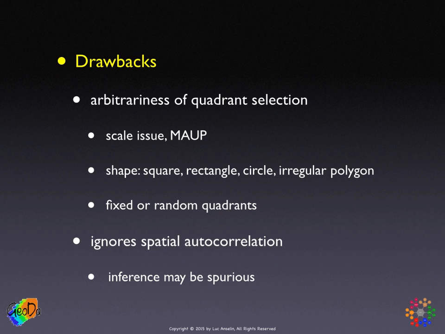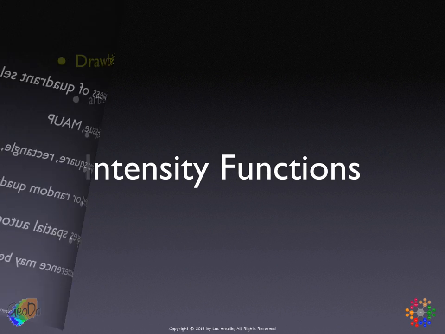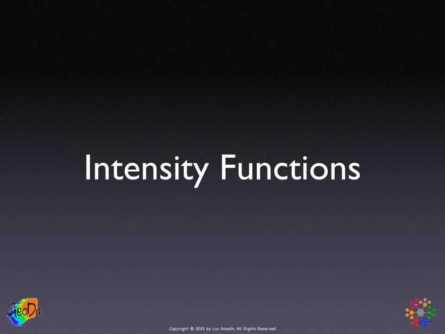So this is quadrat counts, a very discrete approximation, if you wish, of the variability of the intensity throughout the point pattern. This contrasts with intensity functions or kernel functions, also called heat maps, which are actually a continuous way to assess the variability of the intensity throughout the point pattern.